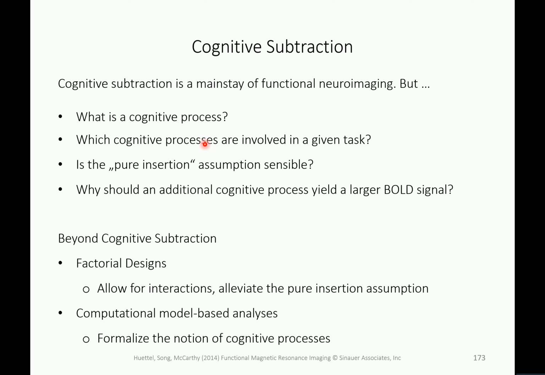Another thing that one can do if one wants to go beyond cognitive subtraction is to get away a little bit from talking about cognitive processes, to go to more model-based analysis. They don't do away with the cognitive process idea completely, but at least the cognitive process is formalized and quantitatively described.